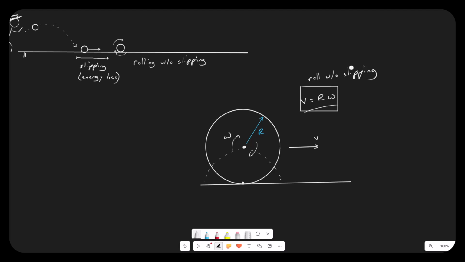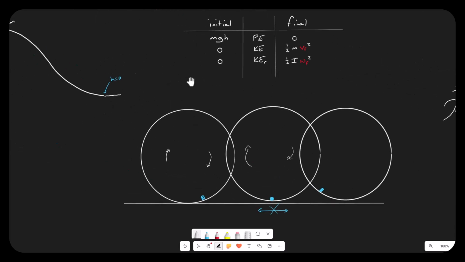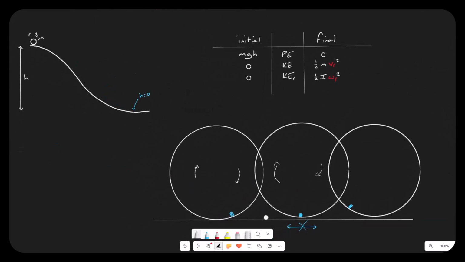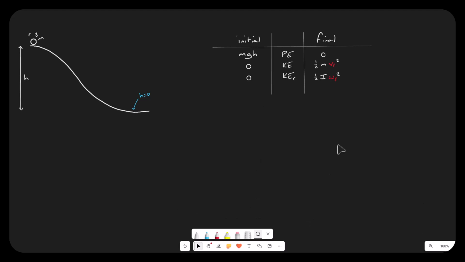Now I told you that this was an important thing, and now I want to go back to why it is. All the way back to here. If I'm looking at this rolling without slipping situation, then I could do a little bit more. Because if v equals r omega, then I can say omega final equals v final over r.